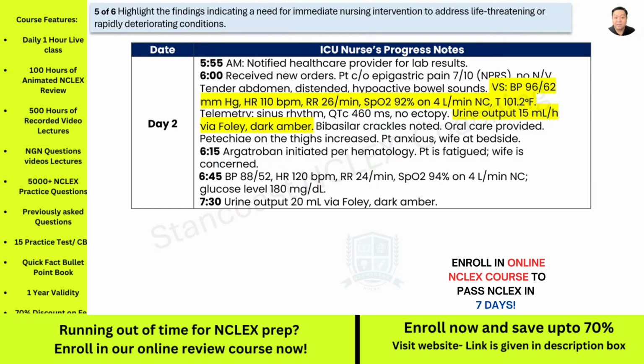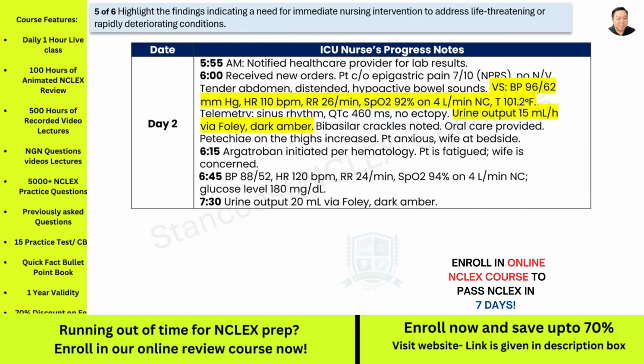We need to intervene right away. We need to administer fluids, making sure that we are monitoring the renal function, and also to monitor the hourly output. Again, this meets the criteria of acute kidney injury. Again, this is a life-threatening condition, which is rapidly deteriorating.